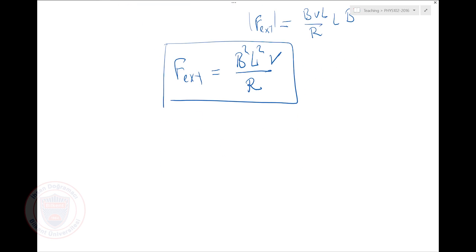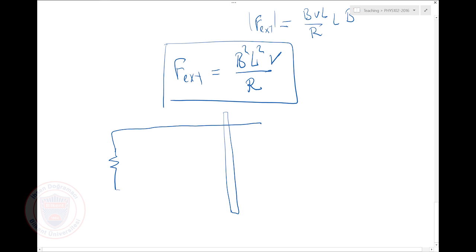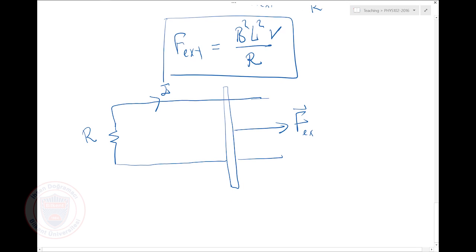Now, let's discuss what's happening in this circuit. Here's my circuit again. And I am pulling with this F external, which creates a current I, and here is a resistor.